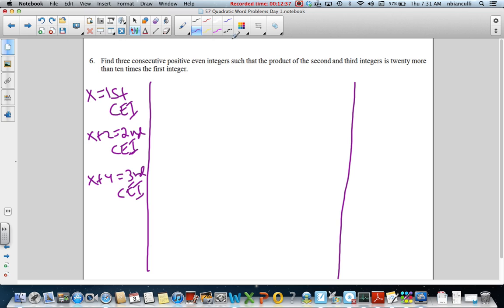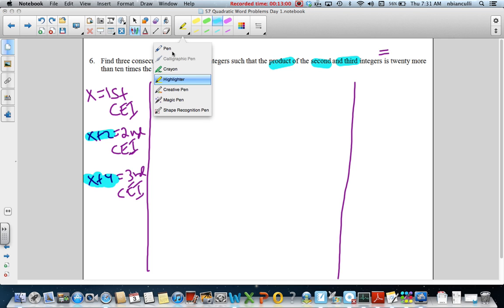Such that the product of the second and the third integers is, there's my equal sign, 20 more than 10 times the first. So the product of the second and the third means multiplication. So I'm going to take the second integer and the third integer, and I want to multiply them together.